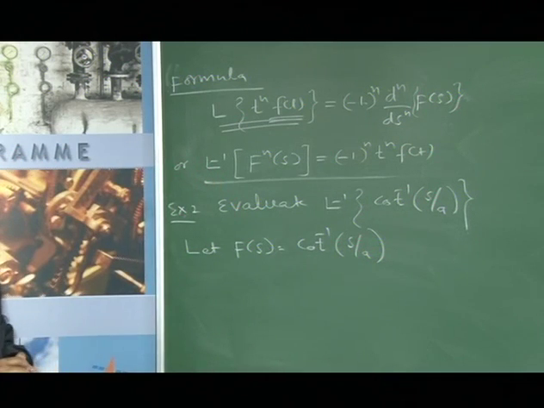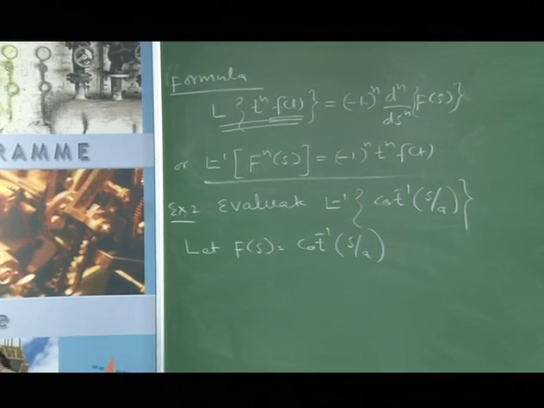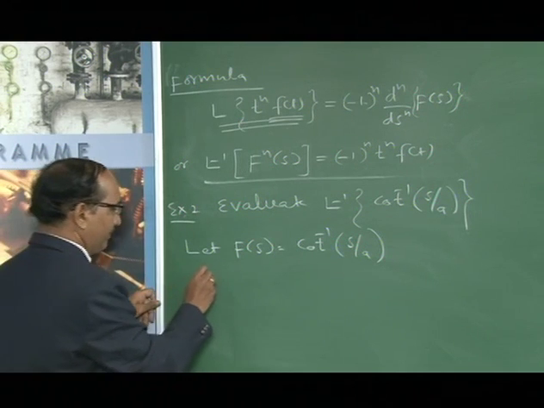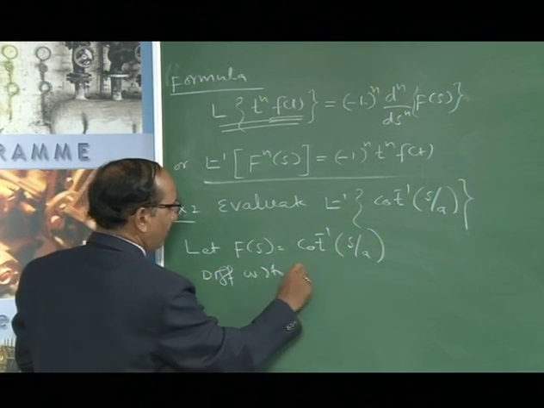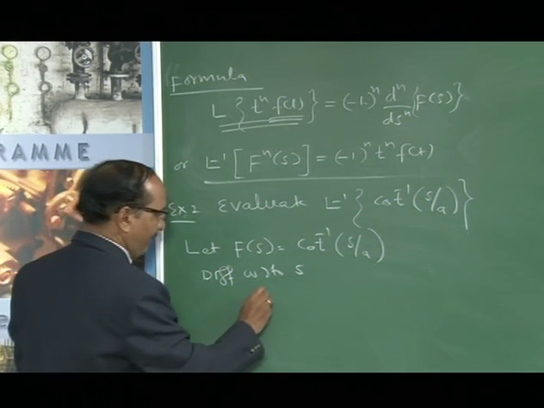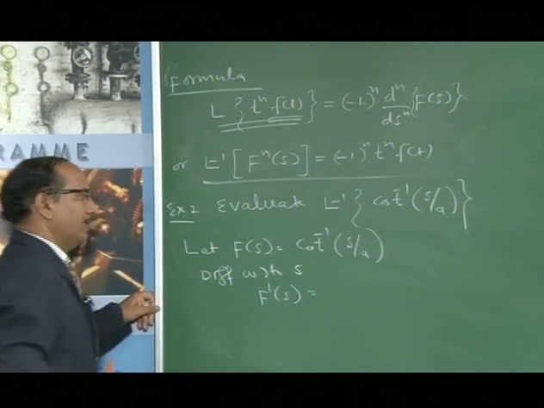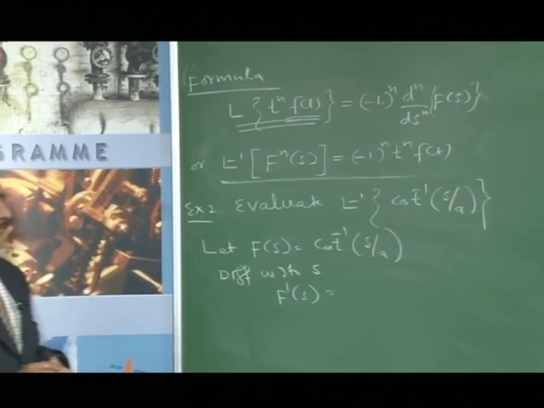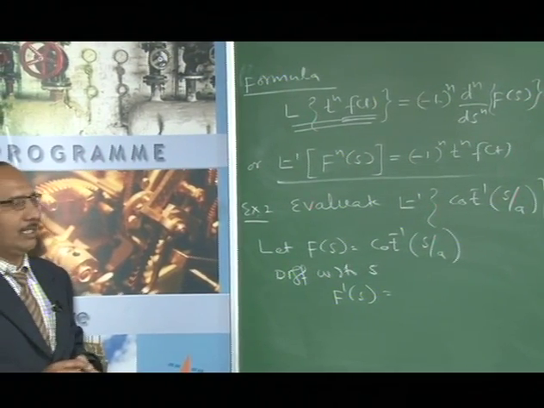Now, you check whether the inverse is available for this function or not. So, directly no, the inverse is not available, for cot inverse or tan inverse. So, we go for differentiating this with respect to s. So, f of s becomes f dash of s. What is the derivative of cot inverse s by a? We know tan inverse of x derivative is 1 divided by 1 plus x square.